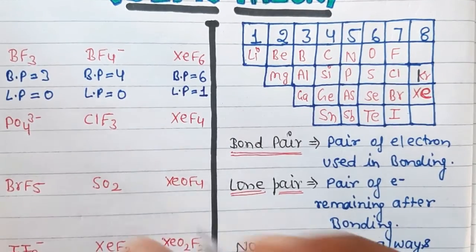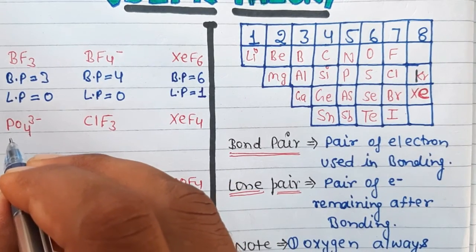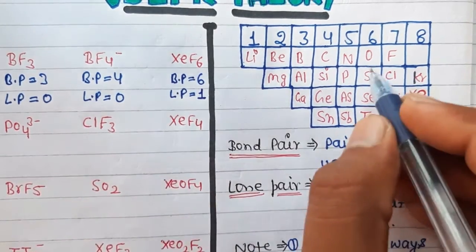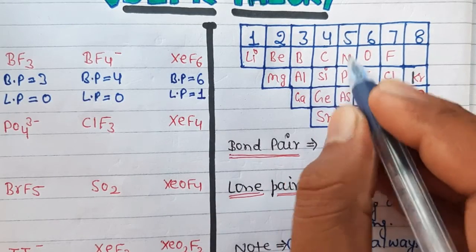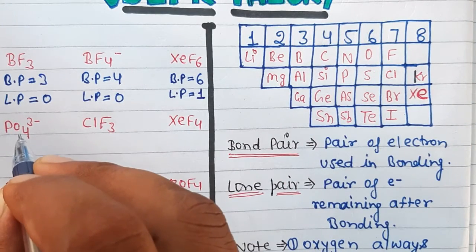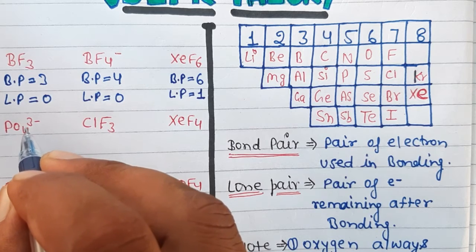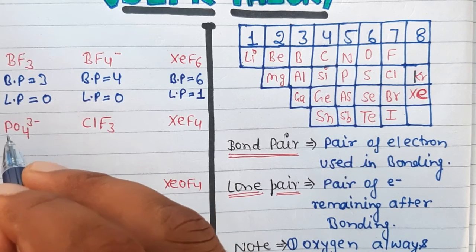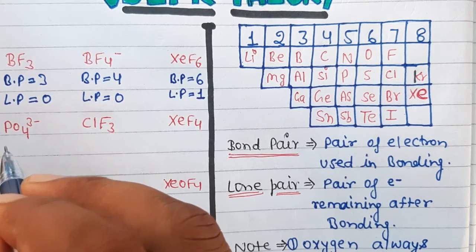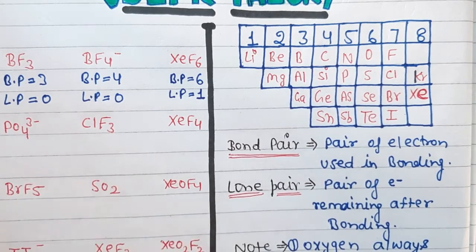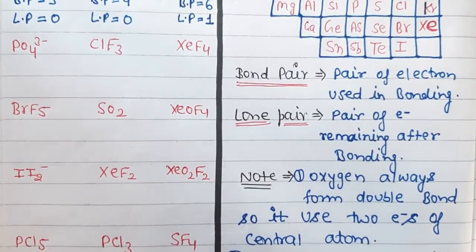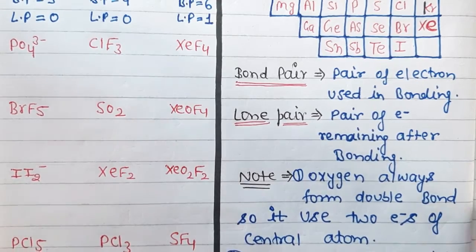Now in this example you can see the central atom is phosphorus, and phosphorus has 5 valence electrons, and here it also has a 3 negative charge, so the total valence electrons on phosphorus is 8. Now I told you oxygen forms a double bond and it uses 2 electrons of the central atom, right?